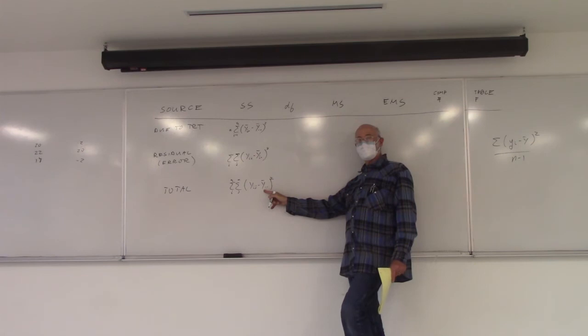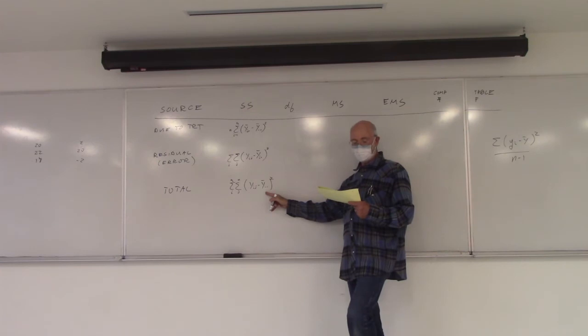Y bar dot dot is an estimate of mu. So we're estimating mu, and we're going to lose 1 degree of freedom there.